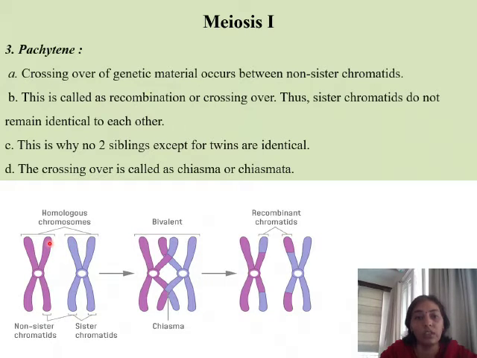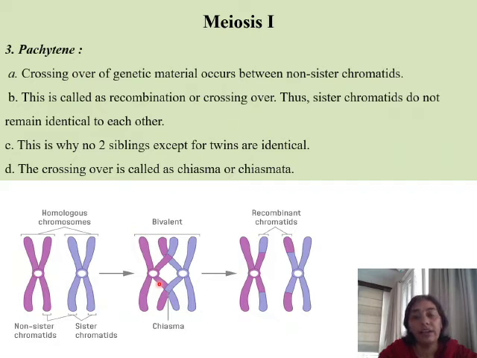We cannot call this chromosome and this chromosome sister chromatids. So these will be called non-sister chromatids. So there is going to be exchange of genetic material between these two non-sister chromatids. This is called recombination or crossing over. Thus, the chromatids do not remain identical to each other.